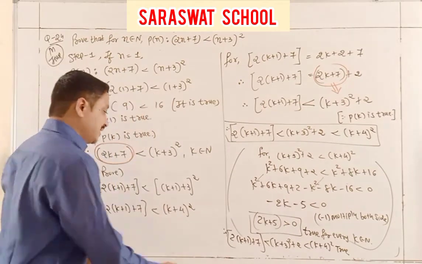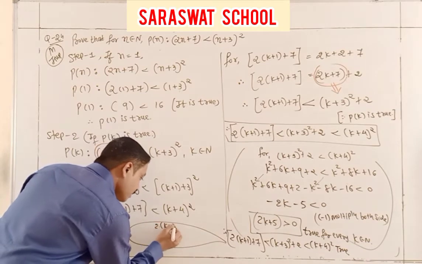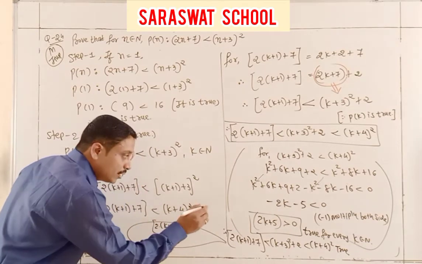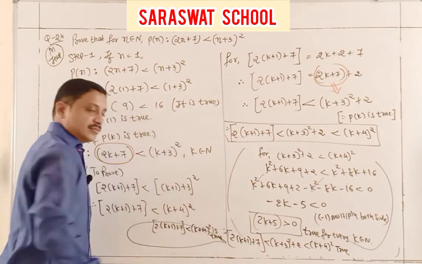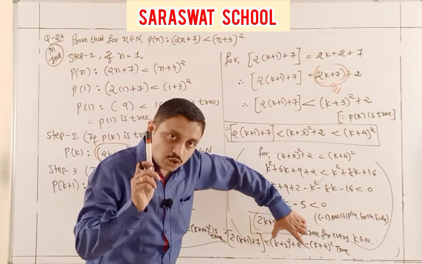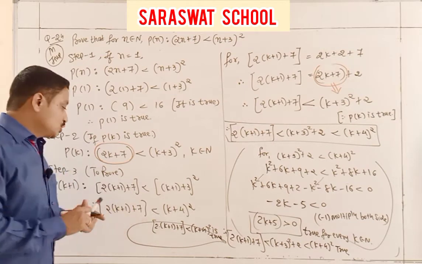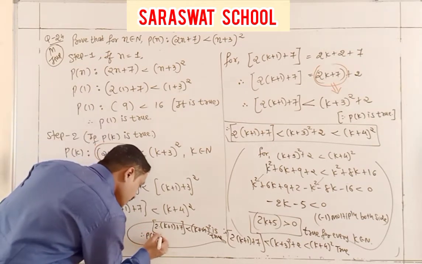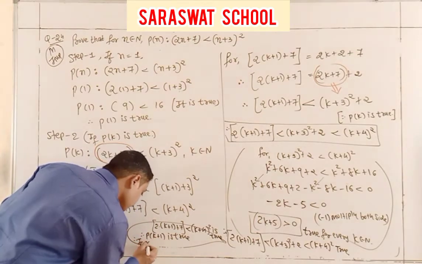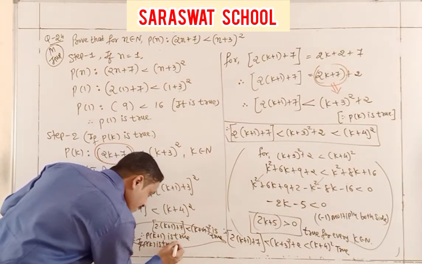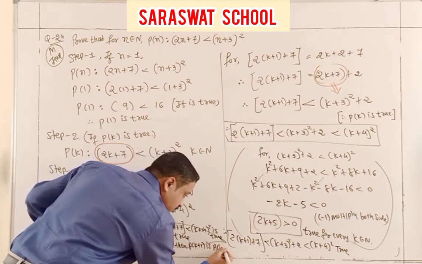Therefore, the last statement I write: 2(k plus 1) plus 7 is less than (k plus 4) whole square is true. Yes students, after that you can write this, and the proof is now done. So last write: P(k plus 1) is true, and if P(k) is true, then P(k plus 1) is also true.